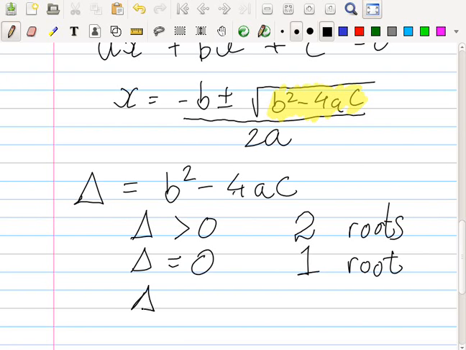And the worst case is discriminant is negative, which means there are no roots, no solutions. Okay, so once you write that down, we'll have a look at some examples now.